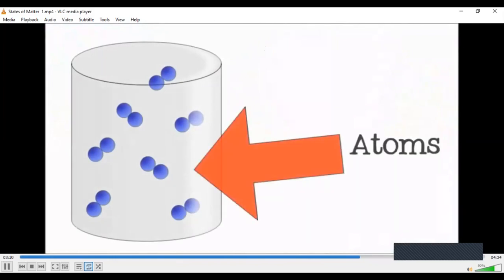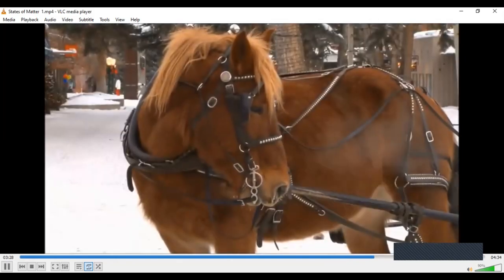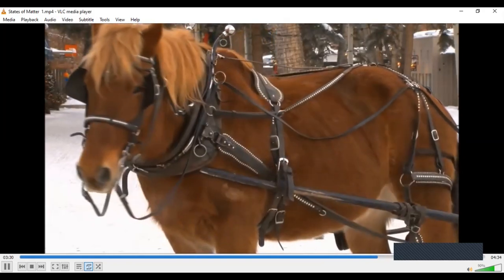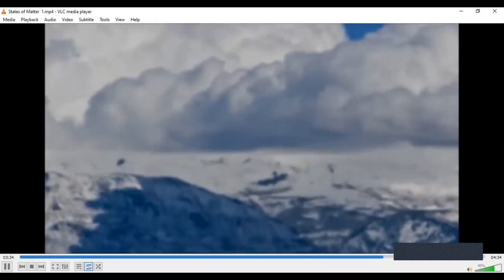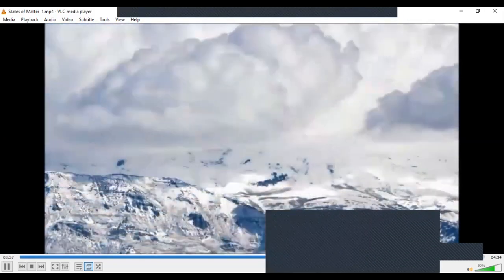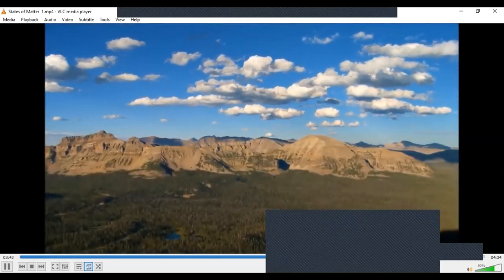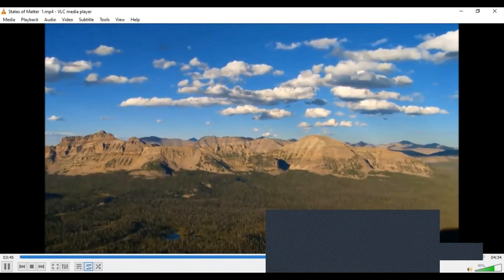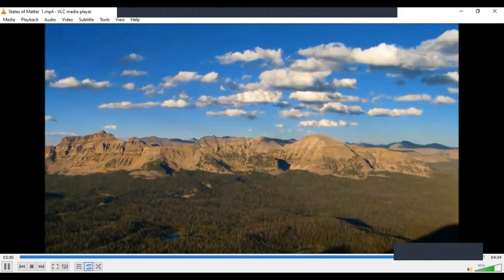This is because the atoms in a gas are farther apart than atoms in a solid or a liquid, and so they can move freely. The air you breathe is an example of a gas. You might have noticed that you can't really see air. Often, gases are invisible, but they are still there. There are many different types of gases in the Earth's atmosphere, like oxygen, nitrogen, carbon dioxide, helium, and water vapor.